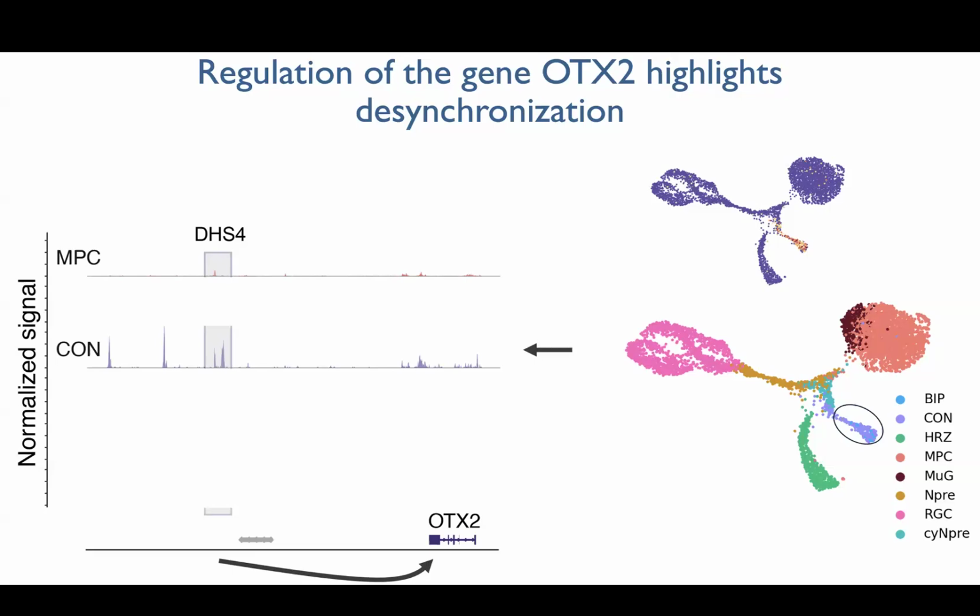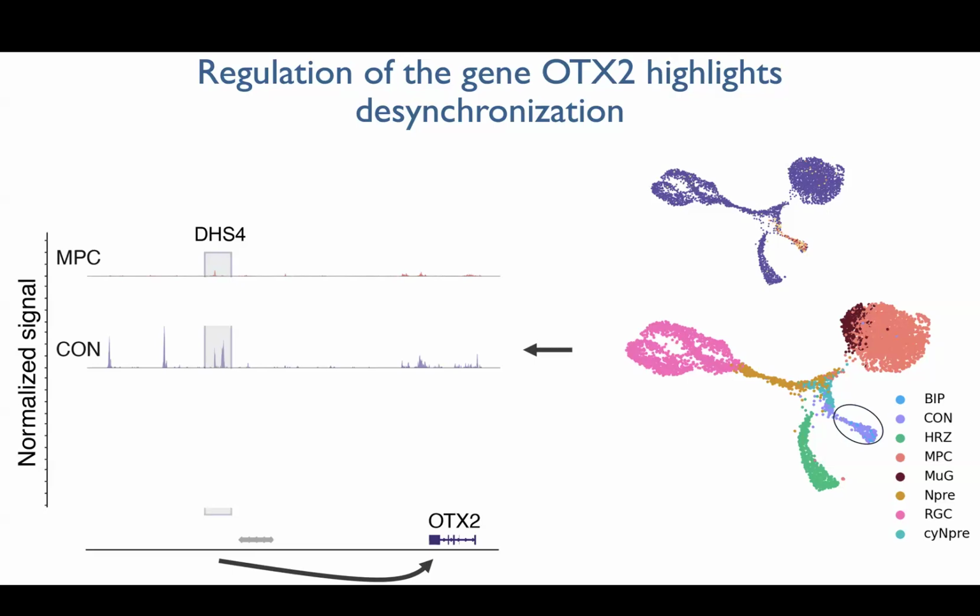Specifically interesting is DHS4, which is a known key regulator. If you take out DHS4, no cone cells develop in the system. So we know that it regulates. And as you can imagine, in cones you have all these accessible elements, as some protein or transcription factor is binding to the DNA and keeping the chromatin open, which gives you this readout.